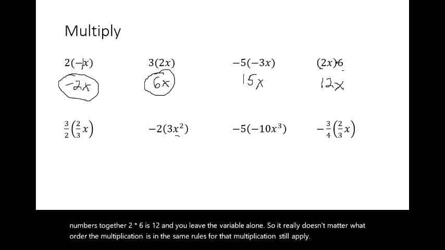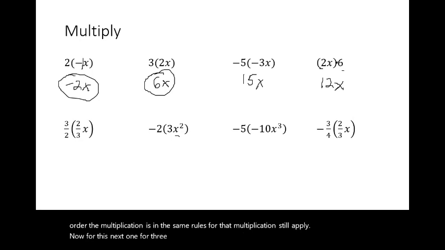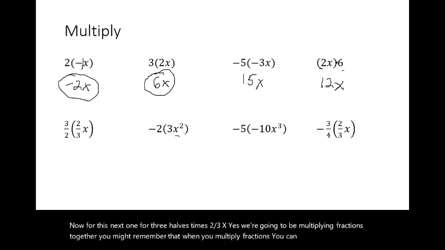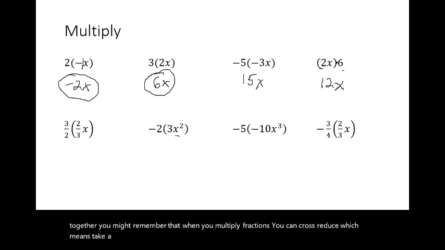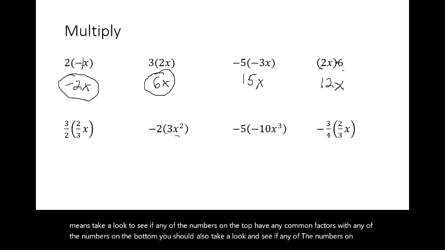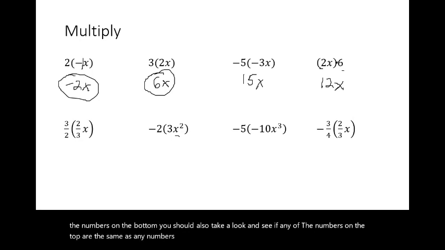Now for this next one, for 3/2 times 2/3 x, yes, we're going to be multiplying fractions together. You might remember that when you multiply fractions, you can cross-reduce, which means take a look to see if any of the numbers on the top have any common factors with any of the numbers on the bottom. You should also see if any of the numbers on the top are the same as any numbers on the bottom, which I see a couple of those.